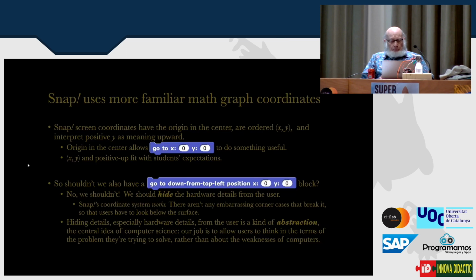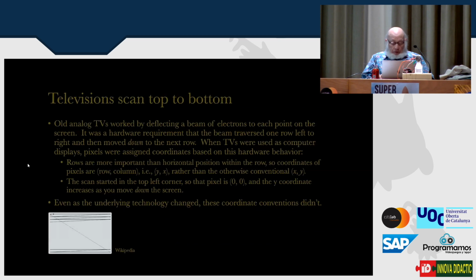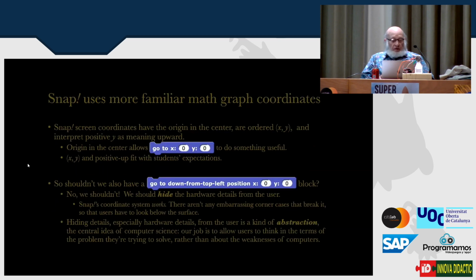So now the question is, if we're going to invent our own coordinate system, shouldn't we also make the underlying hardware coordinate system available to our users by having a primitive, go to down from top left position, and actually this is wrong, it should say YX. But so shouldn't we have a block like this?